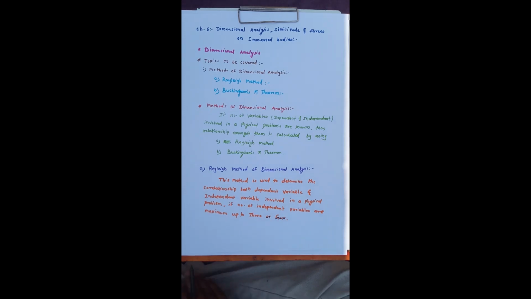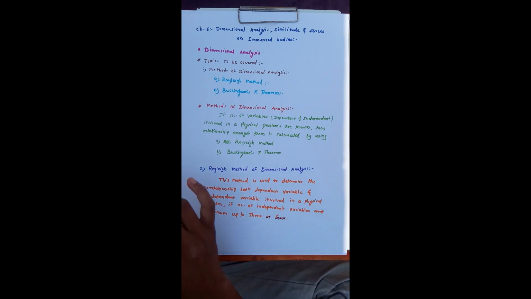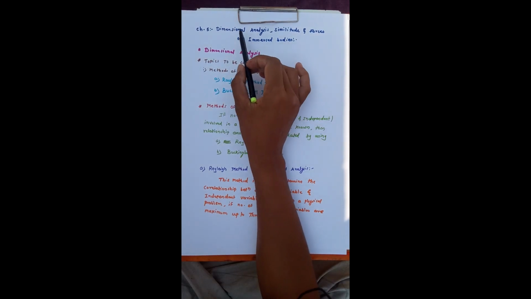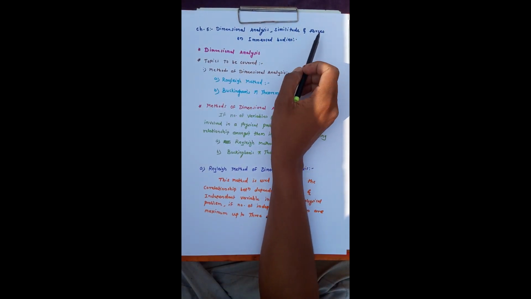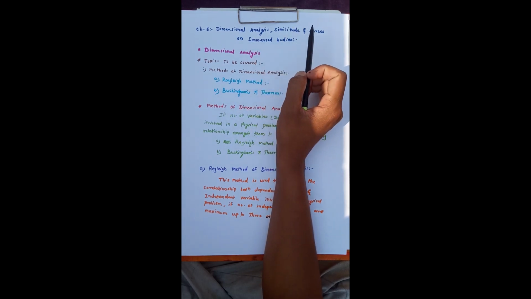Hello friends, in continuation with our last video, we are going to start our second video based on chapter number 5. As you already know, in the last video we started chapter number 5, that is dimensional analysis, similitude and forces on immersed bodies.